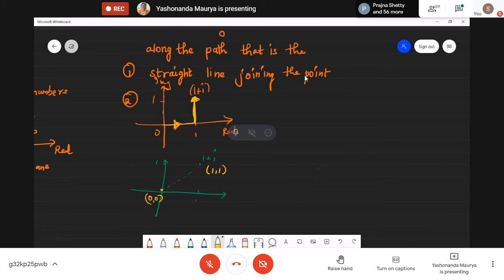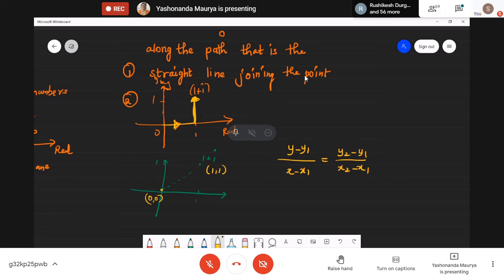If 2 points are given, how do we find the equation which joins them? You remember how to find the equation? y minus y1 divided by x minus x1 is equal to y2 minus y1 divided by x2 minus x1. So this will solve all your problems.